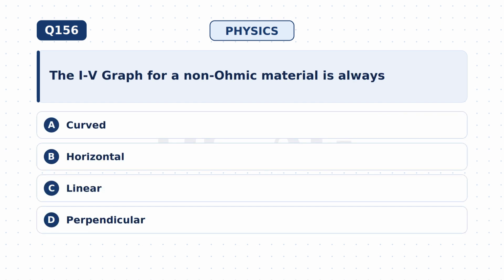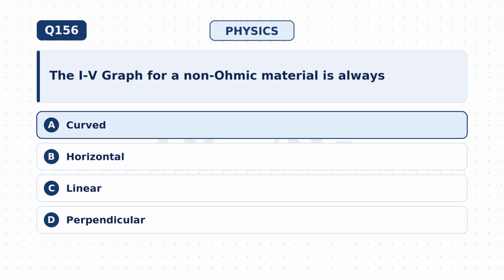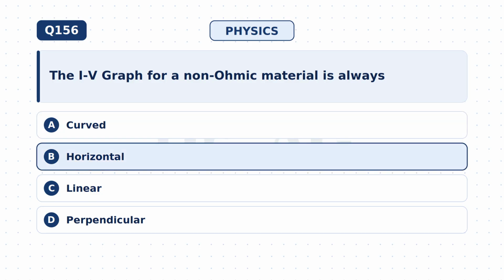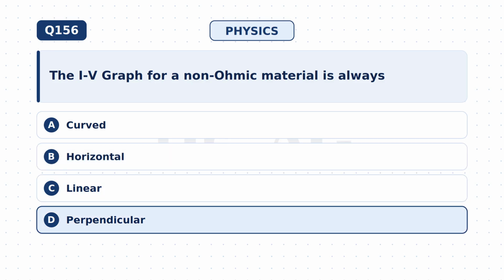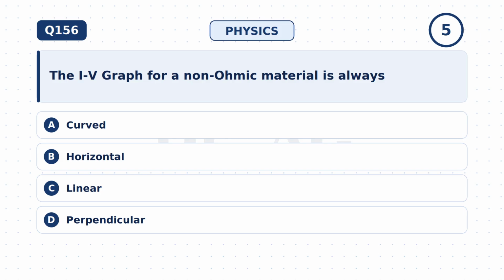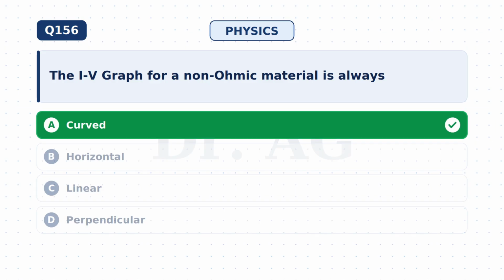Question 156. The IV graph for a non-ohmic material is always. Option A, curved. Option B, horizontal. Option C, linear. Option D, perpendicular. The correct answer is A, curved.